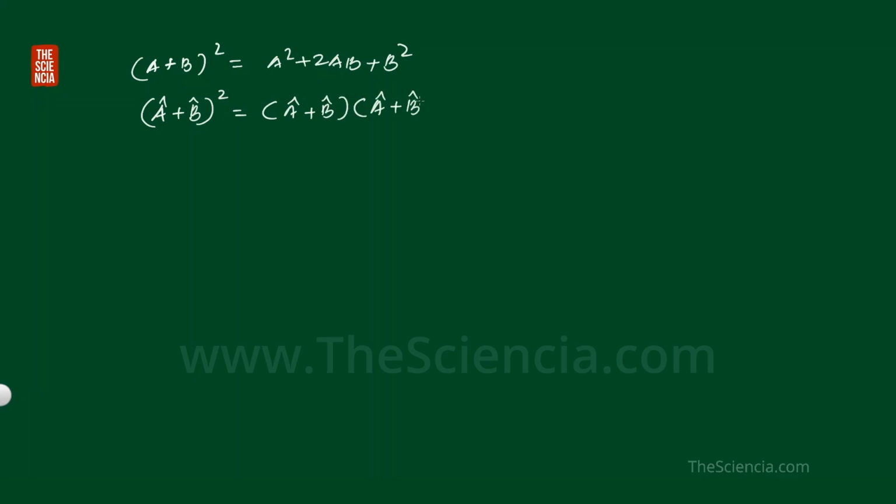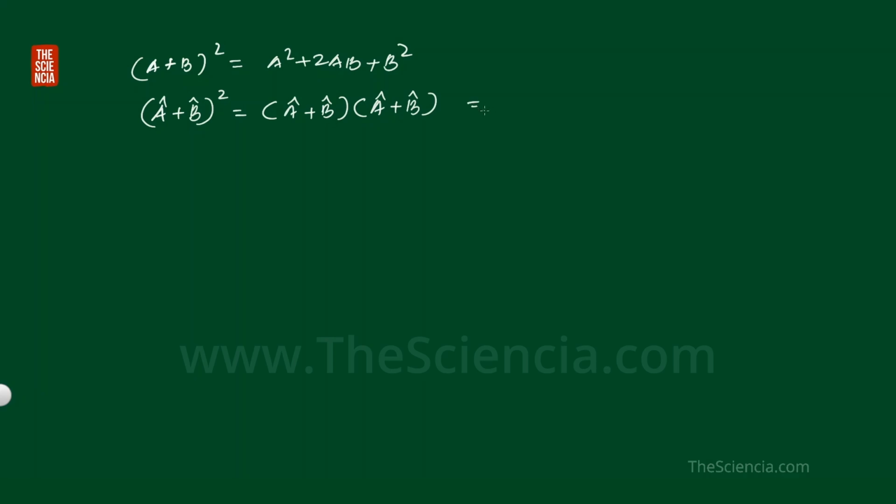In the earlier class, I told you the operator algebra is very different from our algebra. In our algebra, a plus b all squared equals a square plus 2ab plus b square. But in operator algebra, a cap plus b cap squared is a cap plus b cap into a cap plus b cap.